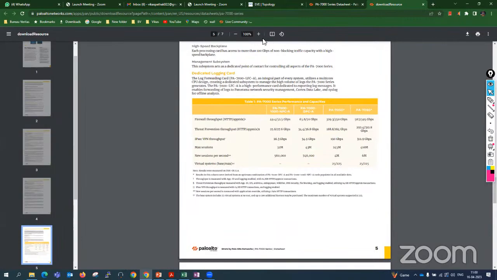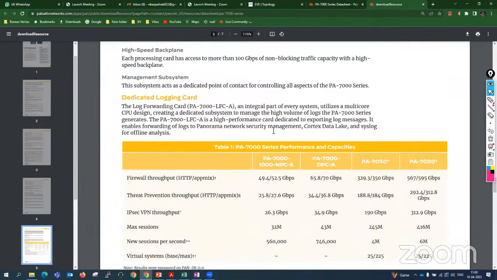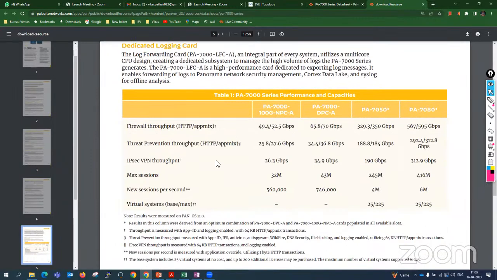Okay. Can you see the throughput of this particular firewall? For HTTP and HTTPS traffic, this PA 7000 model can generate up to 52 Gbps of traffic. If you talk about the DPC model, it can generate up to 70 Gbps.